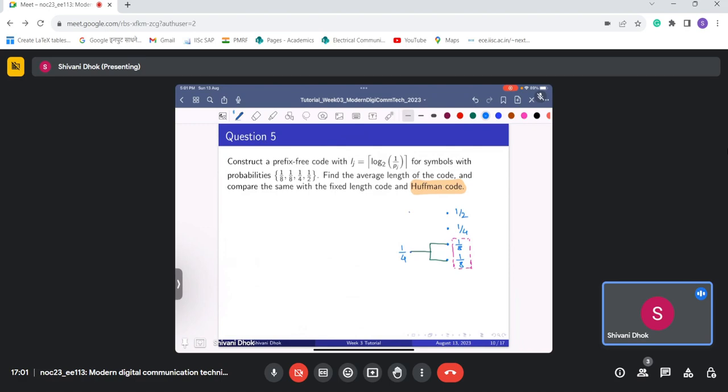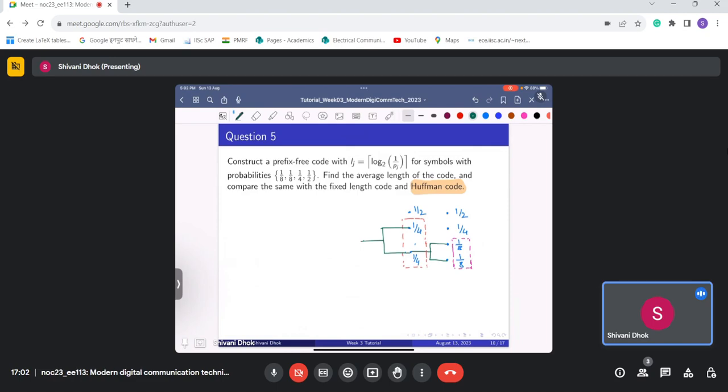And now the code book becomes something like this. Let me write it here, this is 1 by 4, this is 1 by 4 and 1 by 2. Then again we need to combine the two symbols which are having the least probability. So here it is 1 by 4 and 1 by 4. So we need to combine these two, something like this.